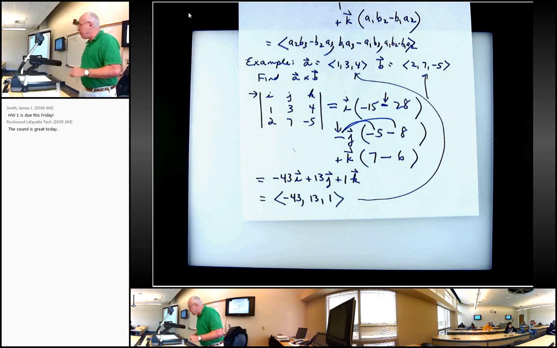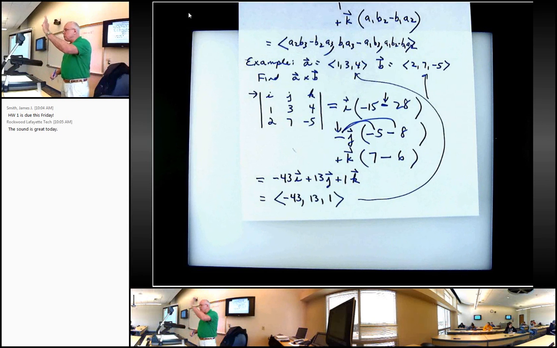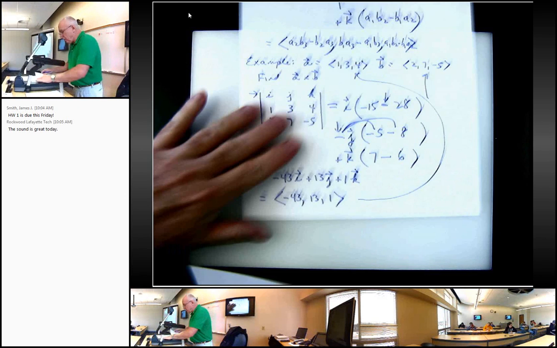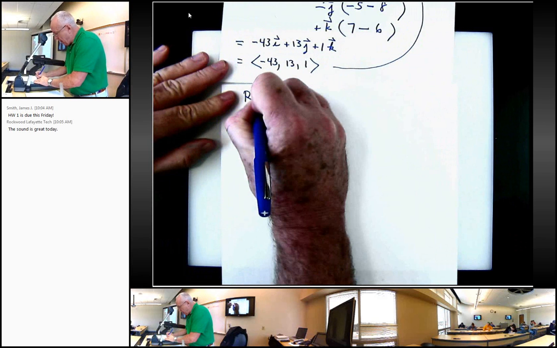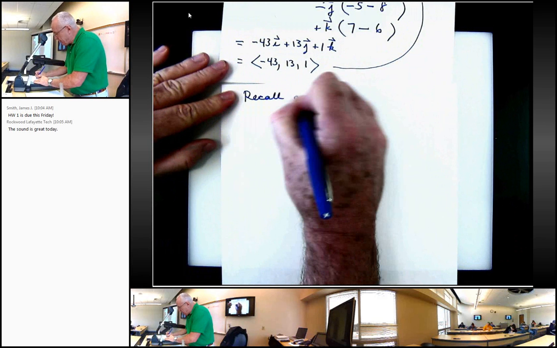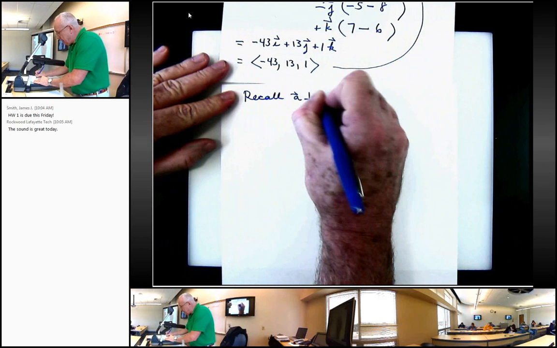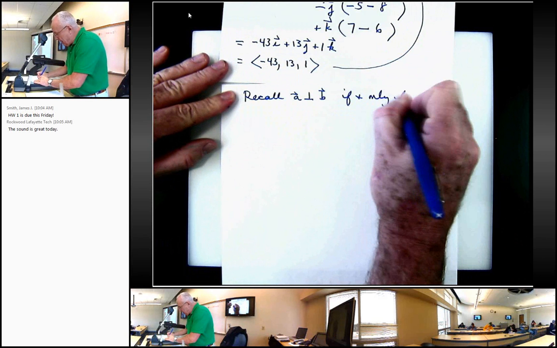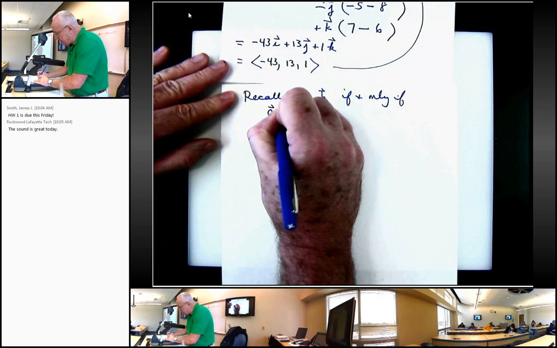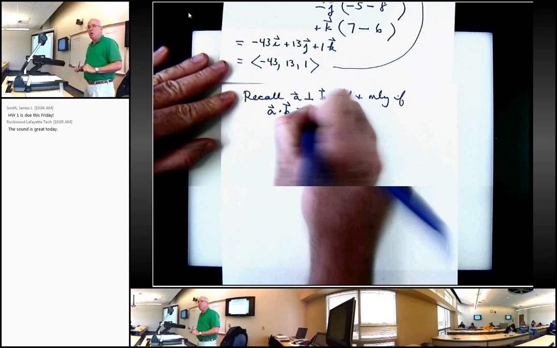Take the dot product, and if the dot product is equal to 0, it's orthogonal, okay? So, recall from the last time, A is perpendicular to B if and only if A dot B is equal to 0, all right?